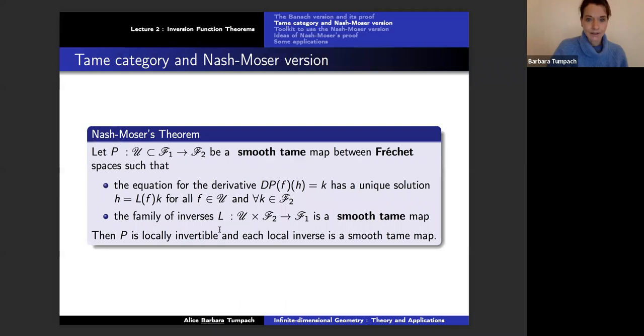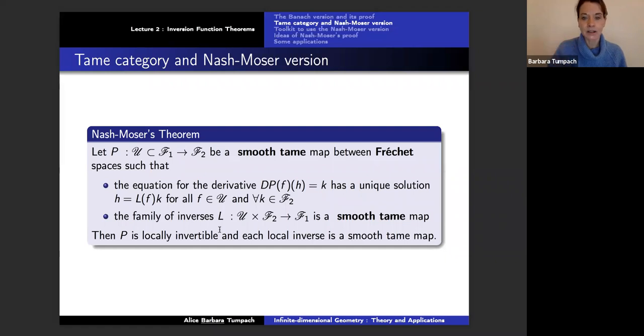Okay, so now we go to the Nash-Moser theorem. I have to be very quick now, sorry. So what is it? Nash-Moser theorem: we have a smooth Tame map between Fréchet spaces, I will explain what it is. And now we impose that the differential is invertible in a neighborhood.